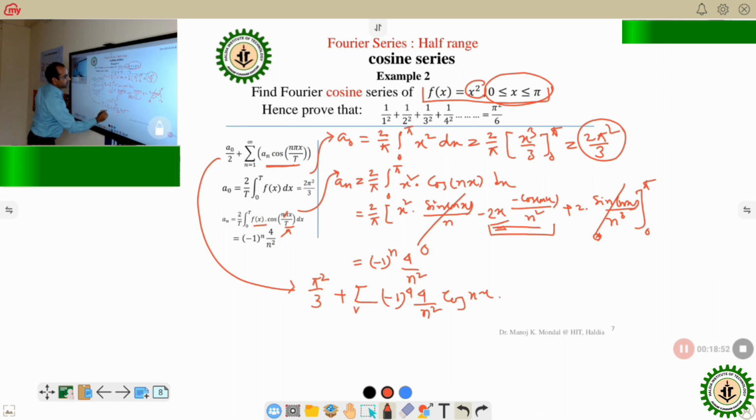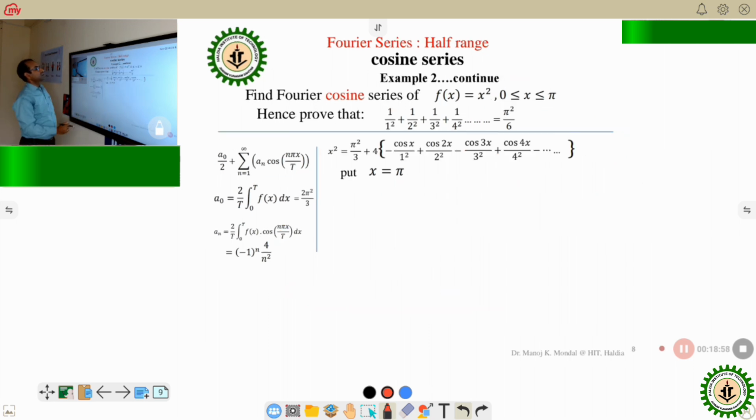This will be the series, n from 1 to infinity. So after putting this, the series will be x square equal to this one. This is the series.